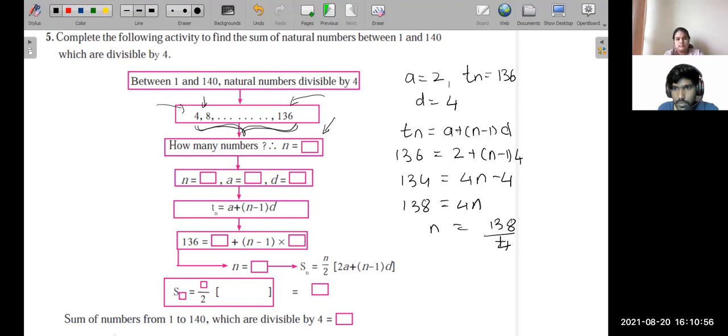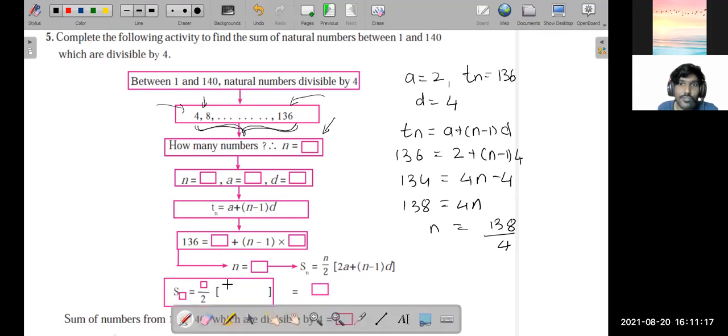4 3s are 12. Wait, have I made some mistake in my calculation? Yes, I've made one mistake. What is the first term? First term is 4. I wrote 2 by mistake here.